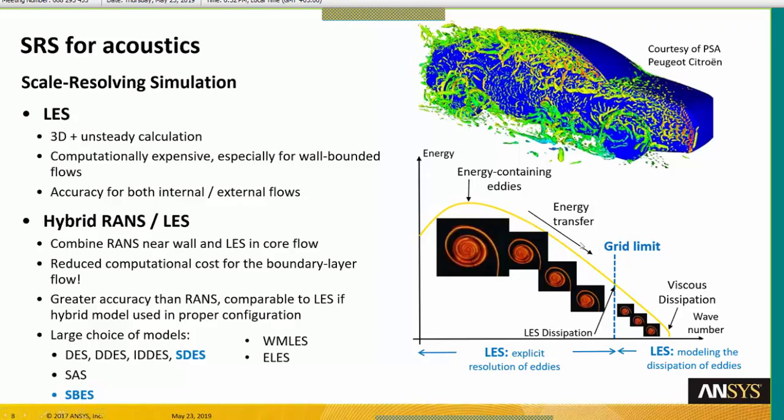When we do this energy transfer, we are transferring a large amount of energy from large eddies to smaller and smaller eddies. And as we know, there is only transfer and no loss of energy. To accumulate all this energy, these smaller eddies need to move faster and rotate faster, and at a certain point some dissipation appears because the eddies are moving too fast, and they dissipate in the flow.